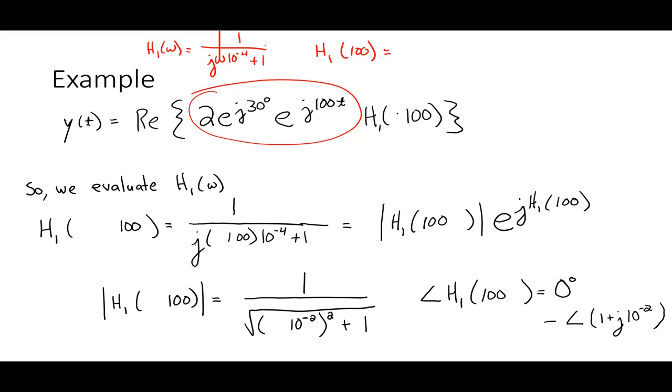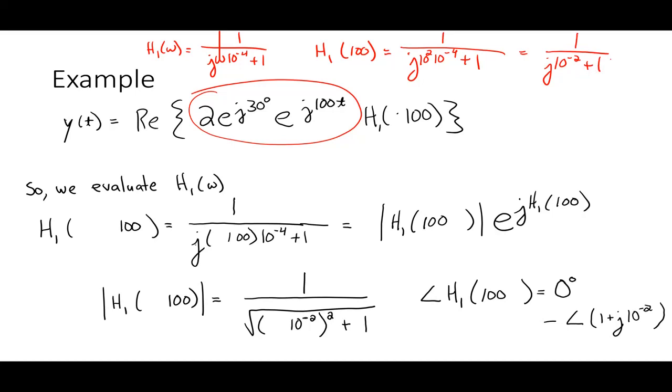At that particular frequency, I have 1 over j times 100, so that's 10 squared, times 10 to the minus 4 plus 1, or 1 over j times 10 to the minus 2 plus 1.